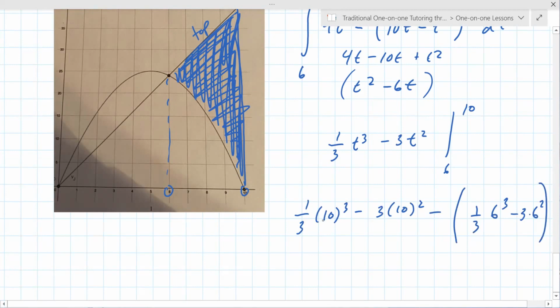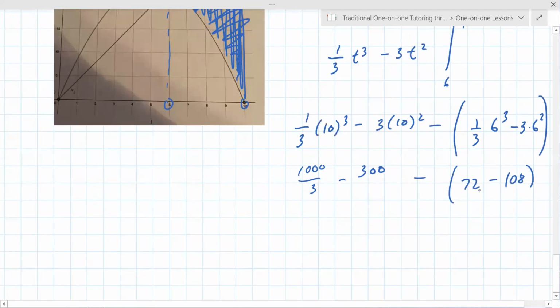So this first one is 1,000 divided by 3 minus 300. And on the right, we actually already did this calculation, but we can do it again here. It's 6 cubed, 216 divided by 3, that's 72. 6 squared minus 108. This should look really familiar. That's the 36, but it's negative, and then it's positive. It's plus 36.